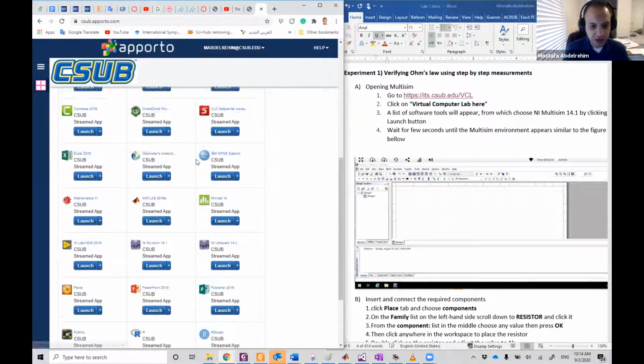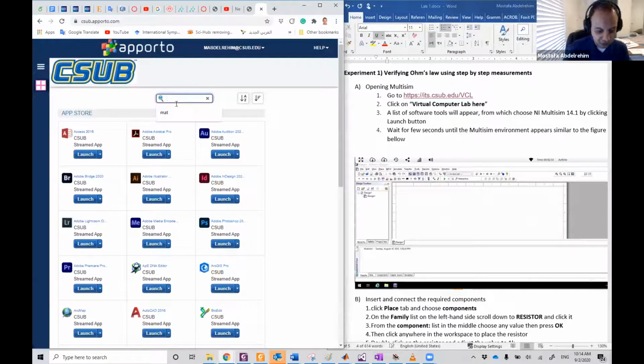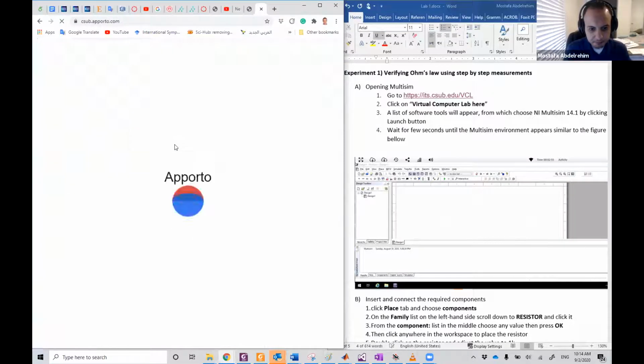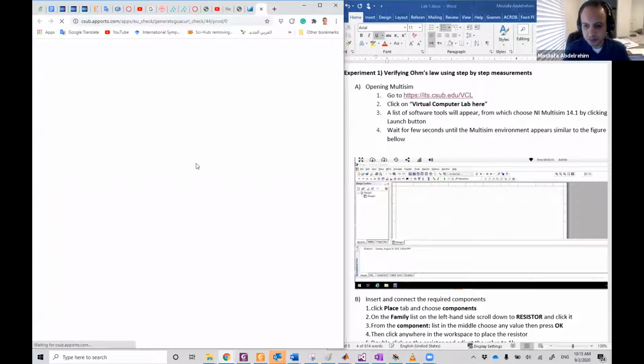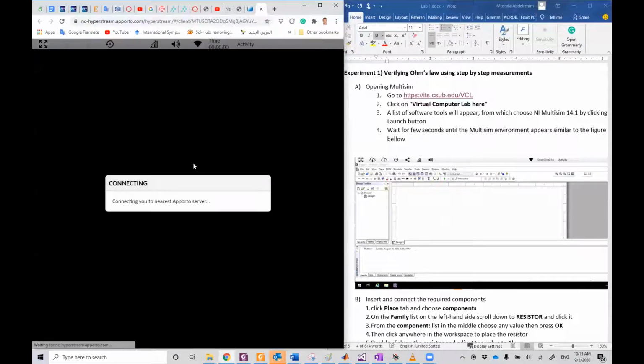You can search for it if there are many here, so you can search like this, Multisim. Then it will give it to you. So this is Multisim, from National Instruments. You then just click launch. Everybody can log in? It's just loading up right now.